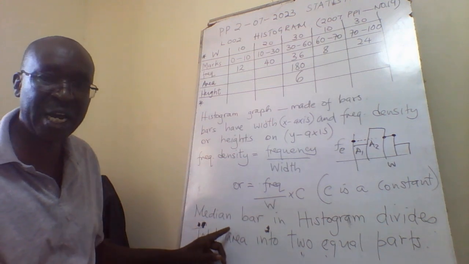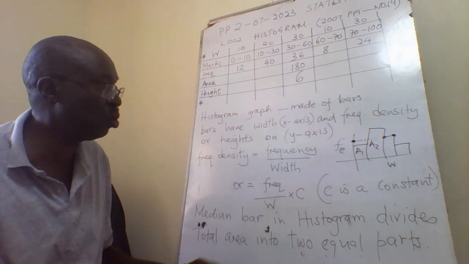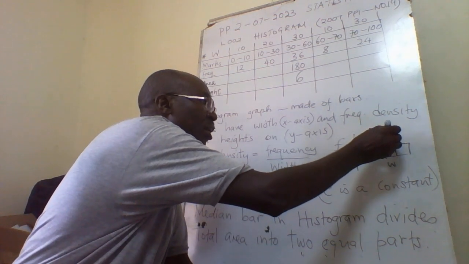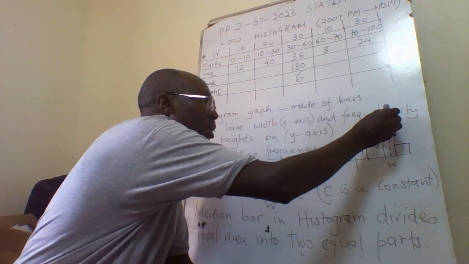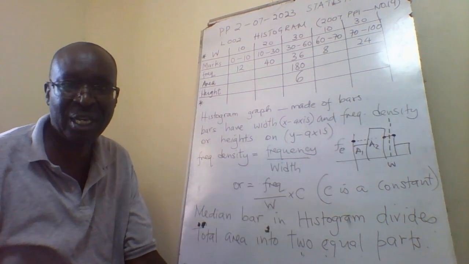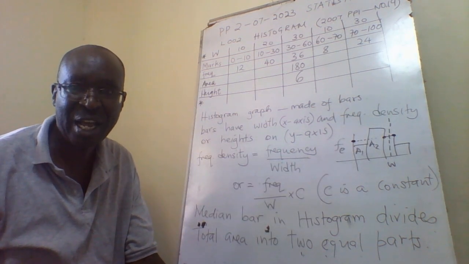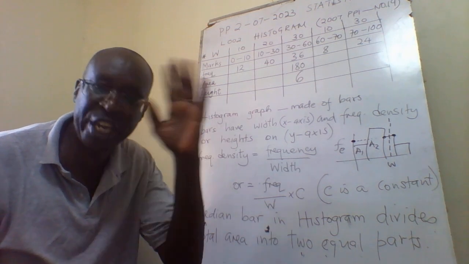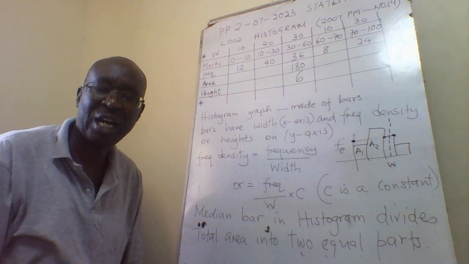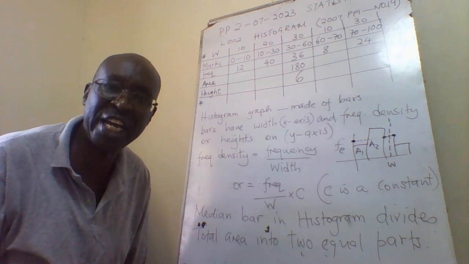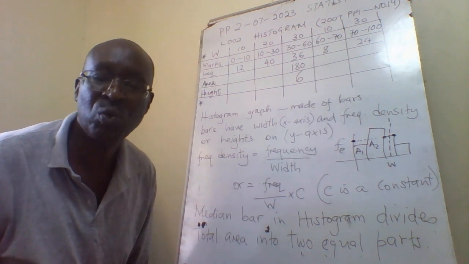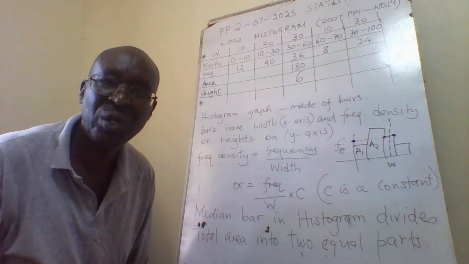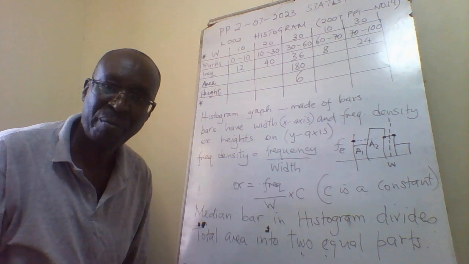Then the median bar, if you are told to draw it, you will draw it with a broken line. How do you get the median line? First step, get the total area. After getting the total area, divide it by 2. E.g., 700 divided by 2 is 350.